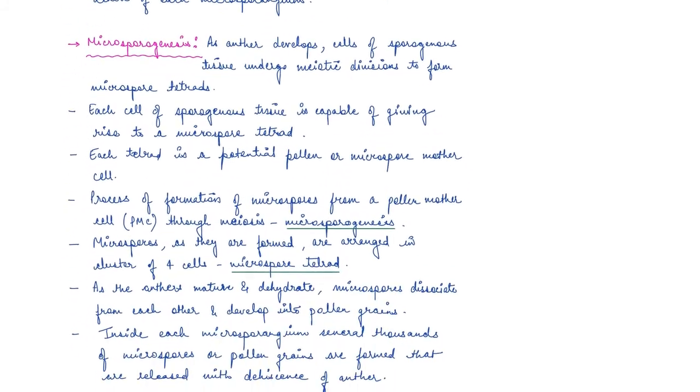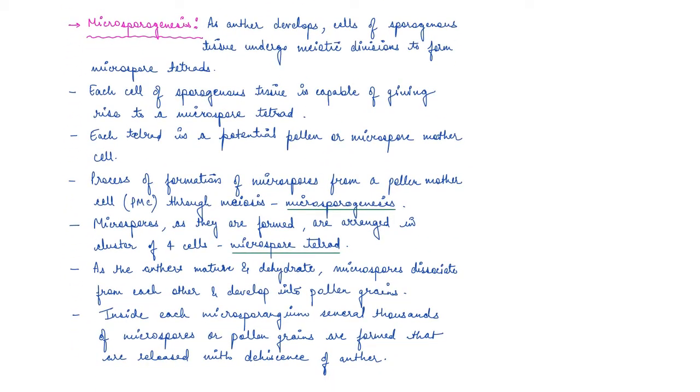Okay, now what exactly is microsporogenesis, right? So every anther develops sporogenous tissue, and the cells of those sporogenous tissues undergo meiotic division, undergo meiosis to form microspore tetrads. Now, what exactly these tetrads are, that we'll see in the next video.